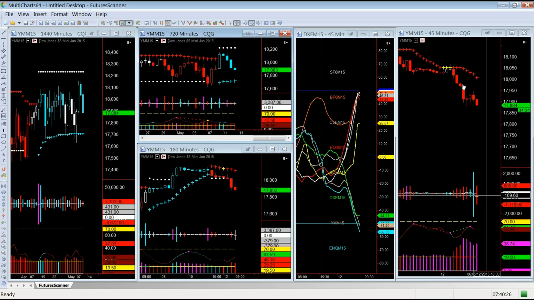It went up, it made a high, it closed on the low, and the delta flipped to the downside. They sold that high. Do you really want to go long when they're selling the high on that bar? Because I'm going to tell you right now, I do not want to be in that trade.